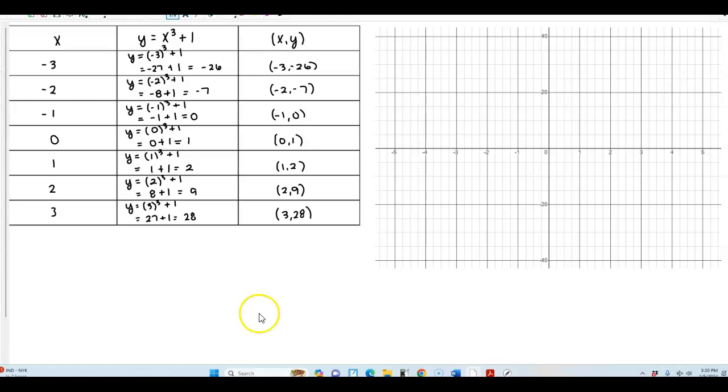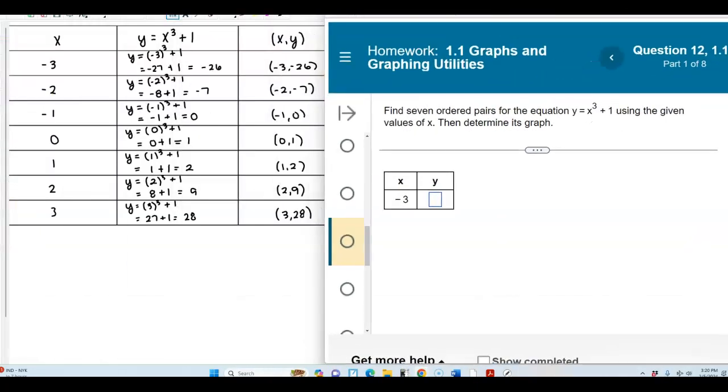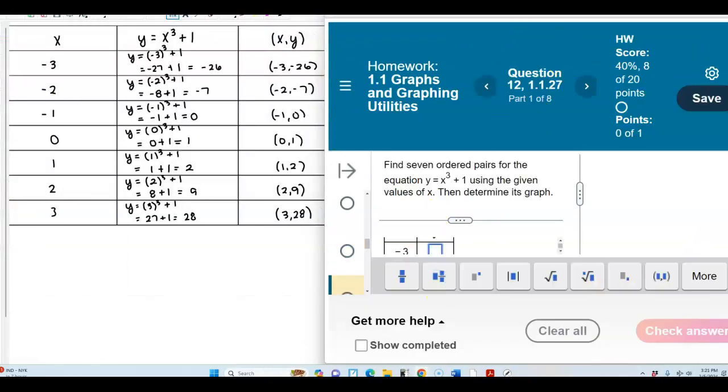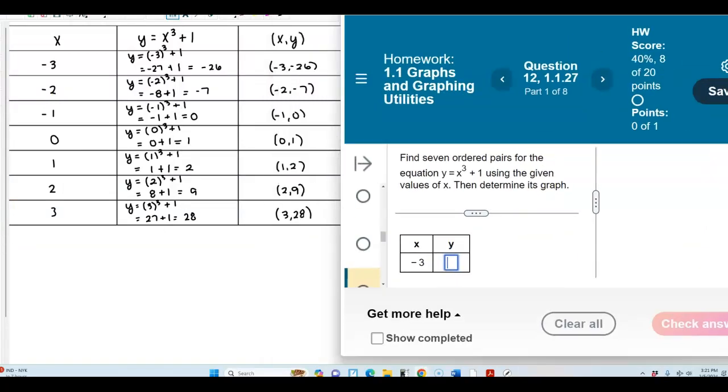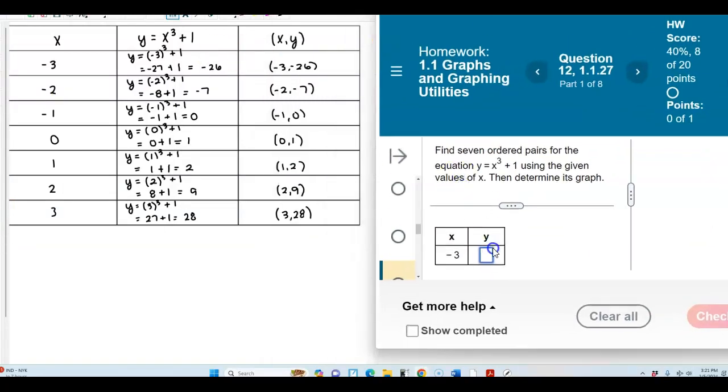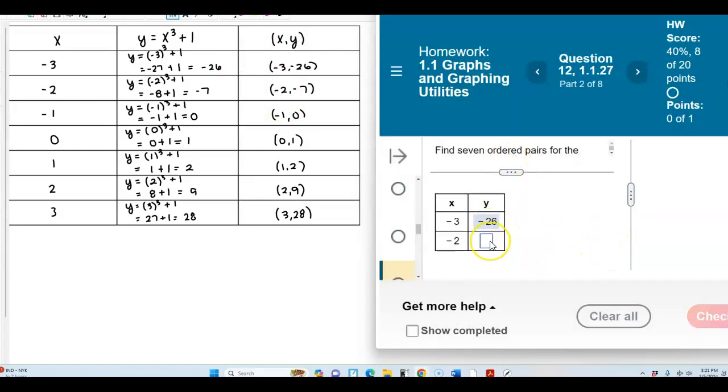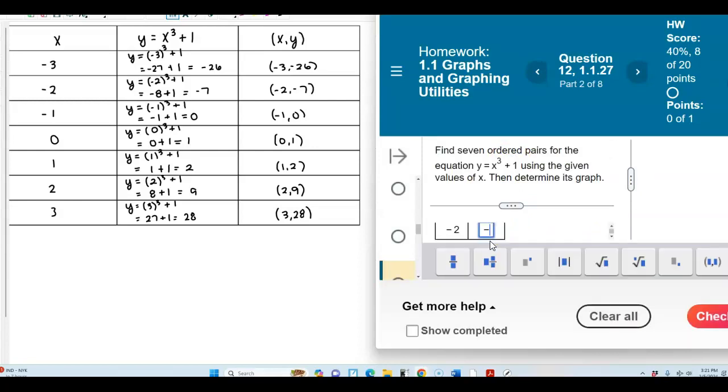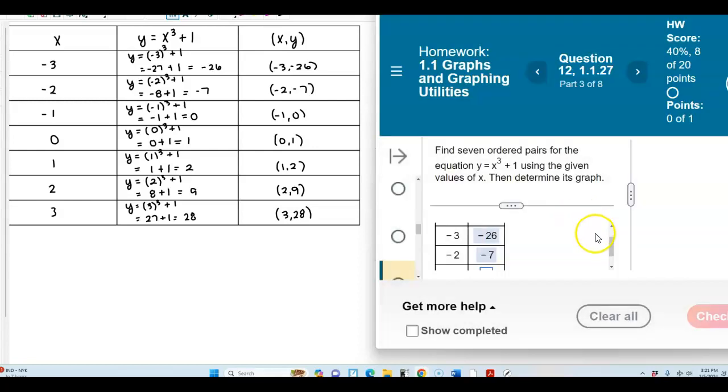So let's put in our y values into the MyLab to make sure that we have the correct answer. For the first one, we plugged in -3, we got -26, and that checks. Then we plugged in -2, we got -7, there's our answer.